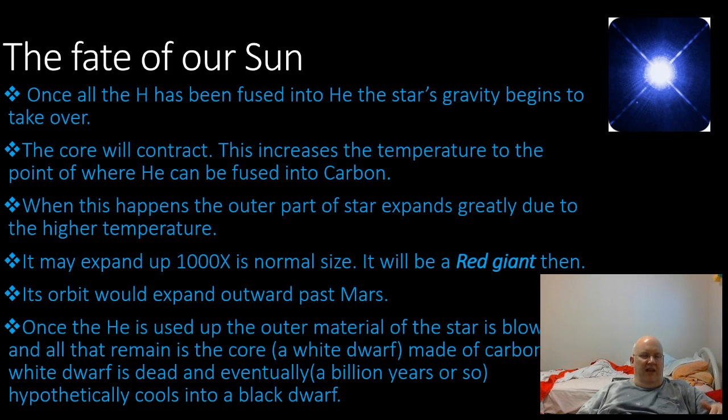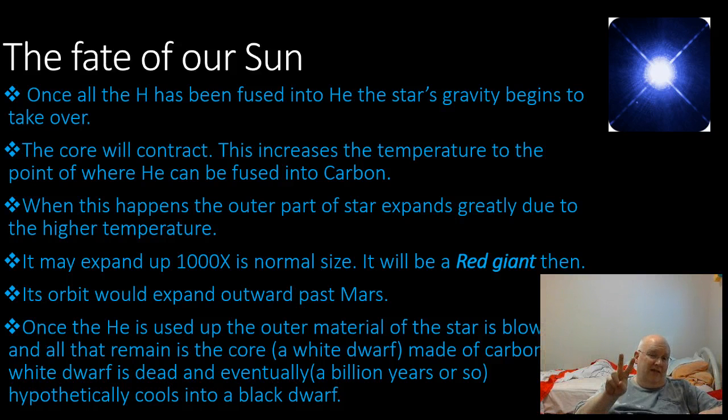So when this red giant expands, all the other material in the star will be blown off, and what we have left is, I'm sorry, the helium will still fuse into carbon. The star will glow as a red giant, and when this red giant runs out of helium to fuse into carbon, our star is not massive enough to do the next fusion phase.